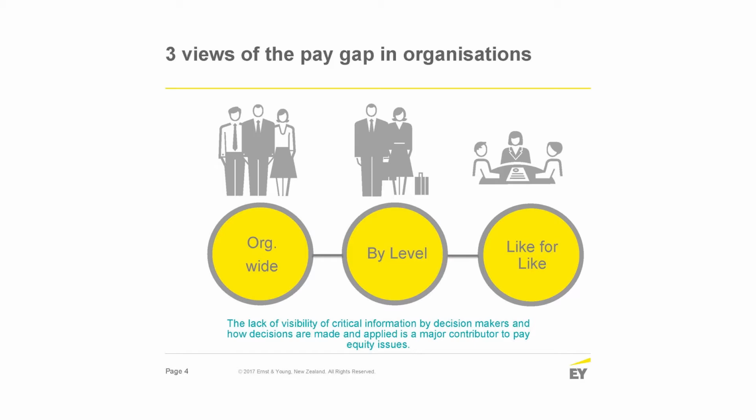Okay, so we look at it in three ways. First, look at it from an organisation-wide perspective. Often, and I was just chatting before, people will look at it and say, oh, we're okay, we've only got a 2% or a 4% pay gap. But when you start to do your analysis by level and then by job, you will see that 2% or 4% becomes something quite different.